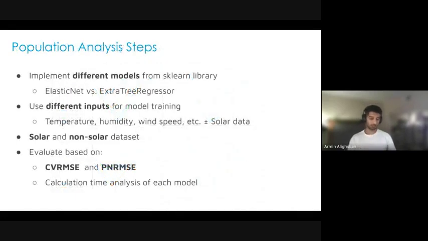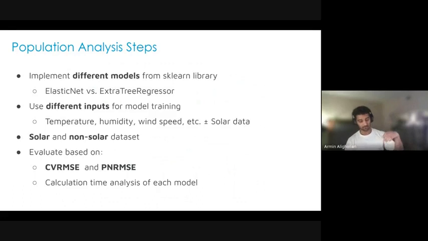There were a couple of future steps that we mentioned in the previous presentation. One of them was to explore multiple models and different inputs. We decided to use two distinct models. One is ElasticNet, which covers linear regression, lasso regression, and ridge regression all together.